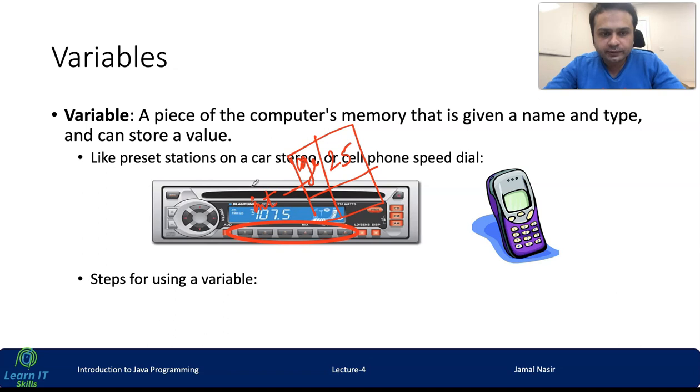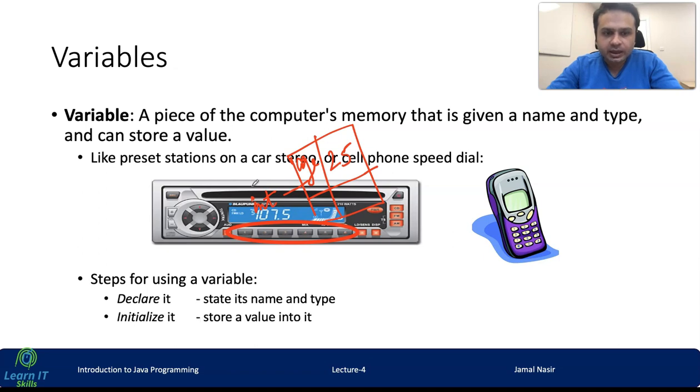So there are three steps for using a variable. We have to declare it, in which we have to write its name and type. Then we can initialize it, right? Store some default value in it. Then we can obviously use it. We can print it.